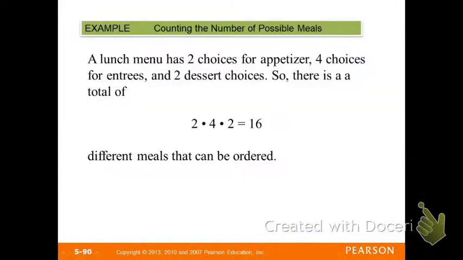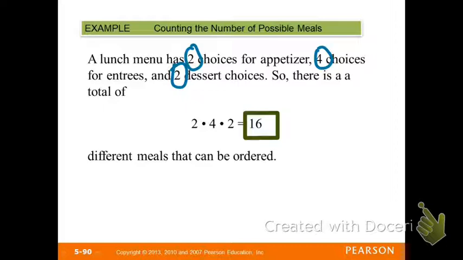Now, this is going to make a lot more sense in the context of a specific example like this one. A lunch menu has 2 choices for appetizer, 4 choices for entrees, and 2 dessert choices. So there is a total of 2 times 4 times 2. So we're just taking the number of distinct choices for each one, multiplying that together, and we have a total of 16 different meals that can be formed from that.